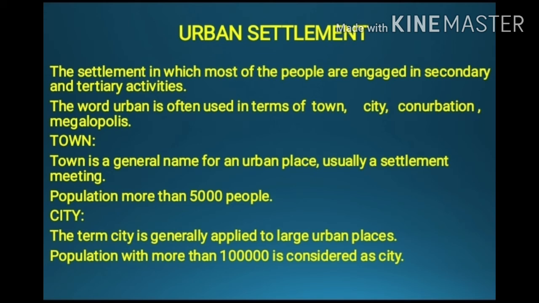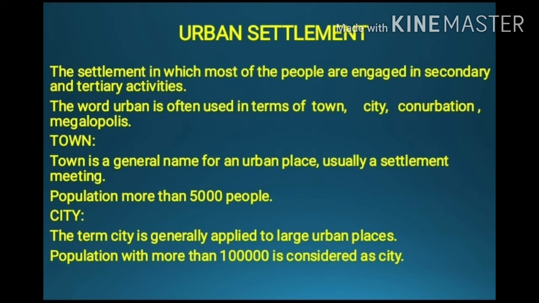Town. How will a town look? A town is a general name for urban place. Usually, there will be a population of more than 5,000. So, in a town, we can see more than 5,000 people.